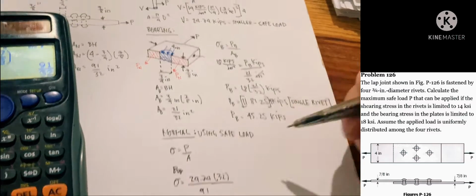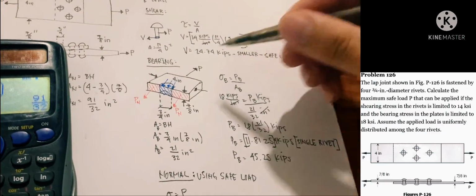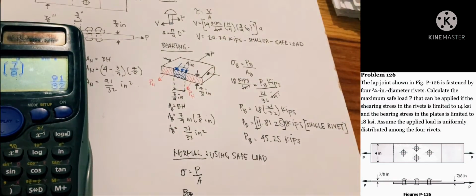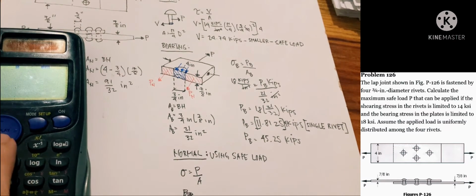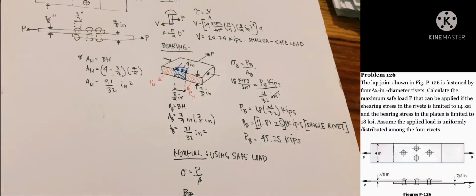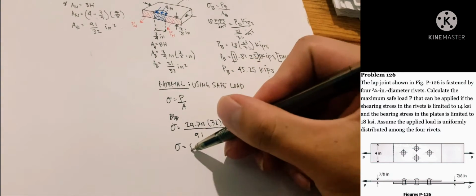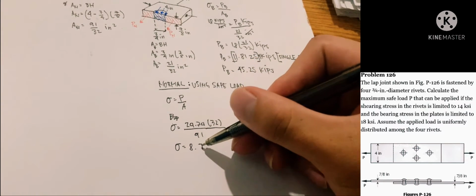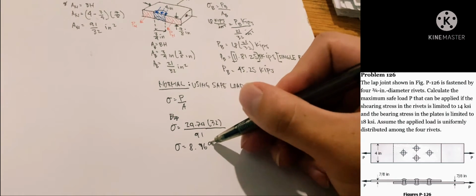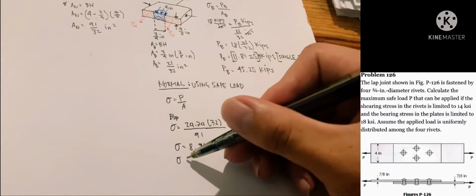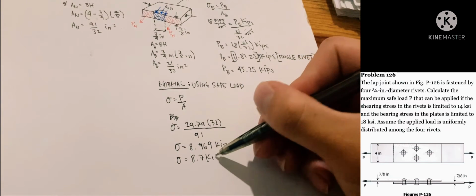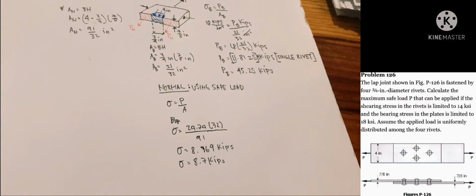So if we consider a single area for our normal, since the P is already the average load that the 4 rivets can resist, we do not need to multiply it by 4. So our normal would be 8.7 kips. That's all for this problem.